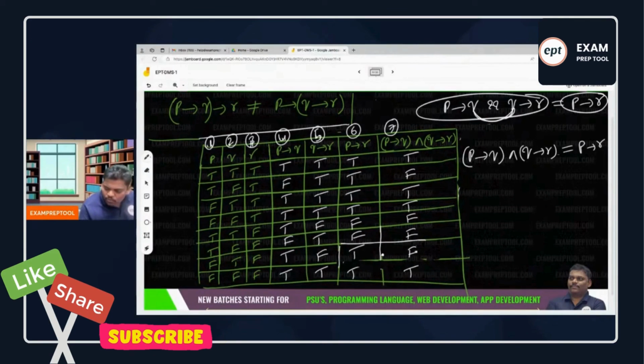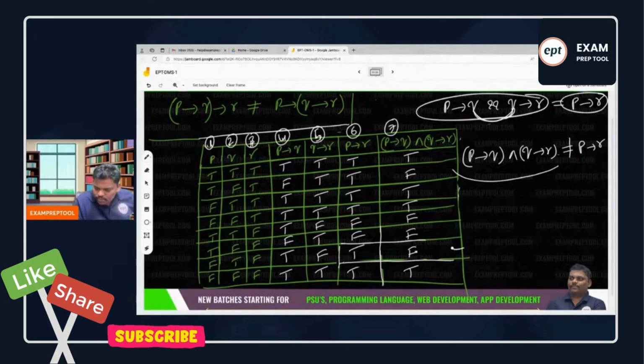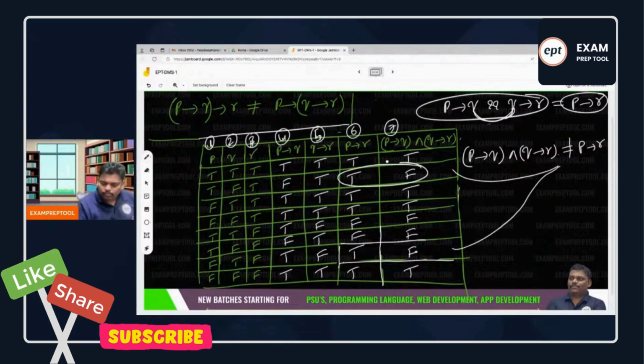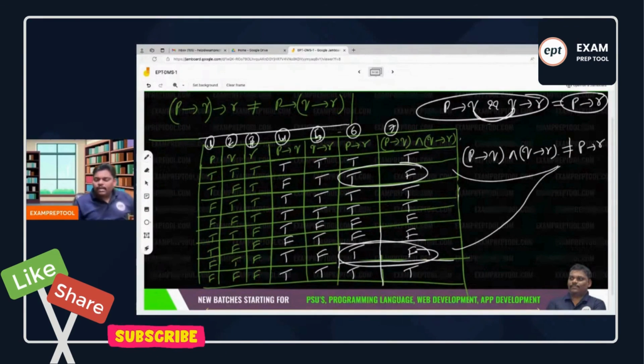If anyone has a small doubt, these two are not equal. The reason is this. This is also a reason. Both are not the same. Remaining all places same, but both are not the same.